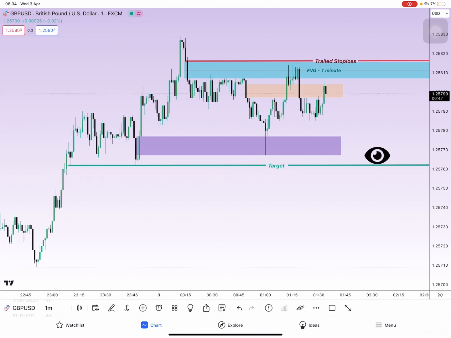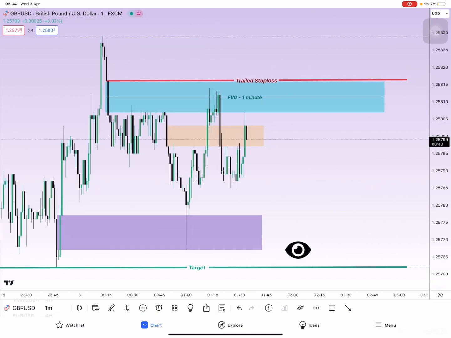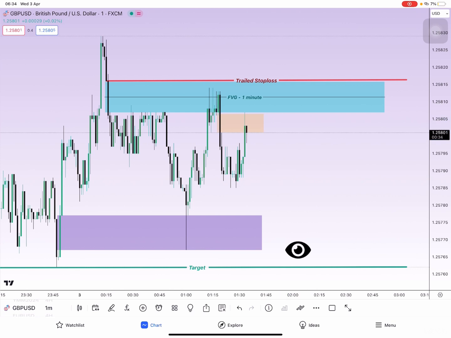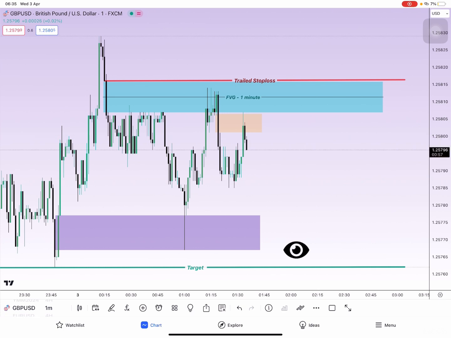I would change this into the recent gap. Let's keep watching with patience.